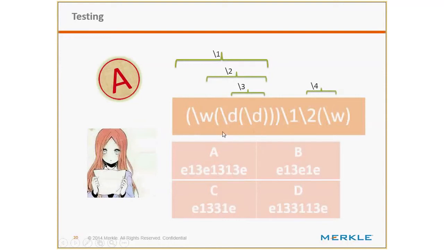So E13 is group 1, and it repeats one time, and group 2 is this 2 and whatever the word. So the answer is A. Does anyone have any problems? No.